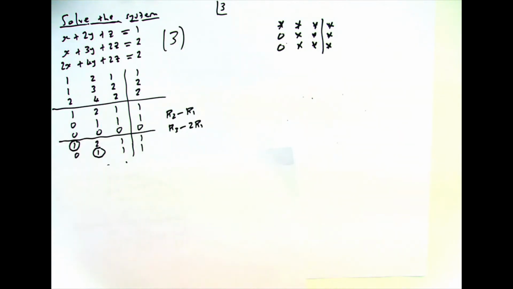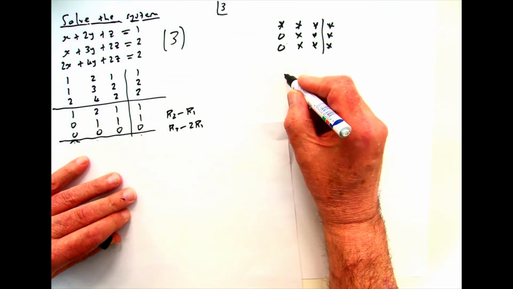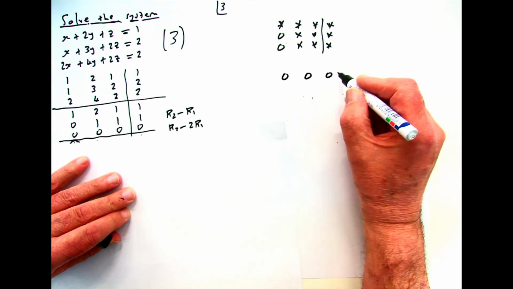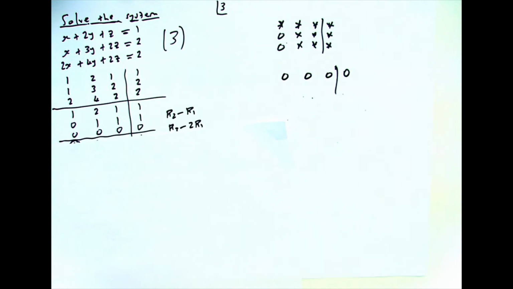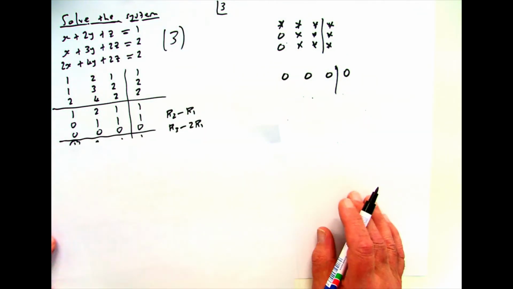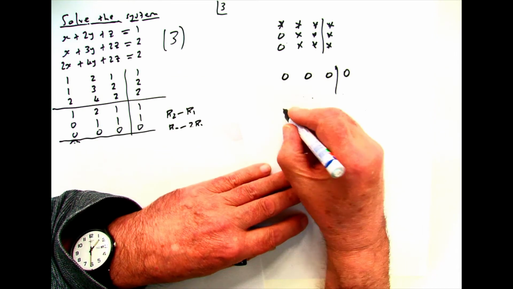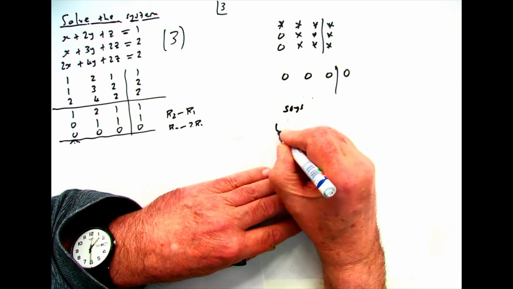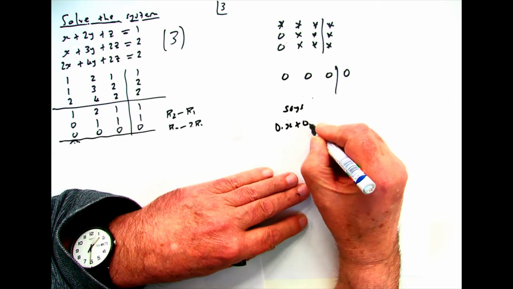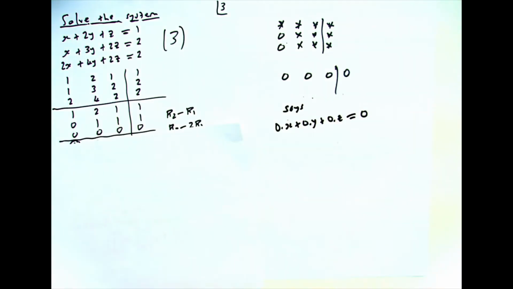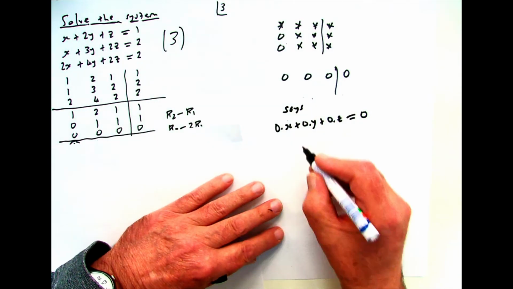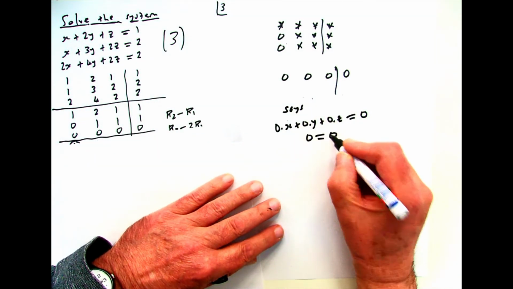And now what has happened is we've got a row of zeros. Complete, so we've got now 0, 0, 0, and we've got 0 on the right-hand side. So this equation says 0x plus 0y plus 0z equals 0, which says that 0 equals 0.